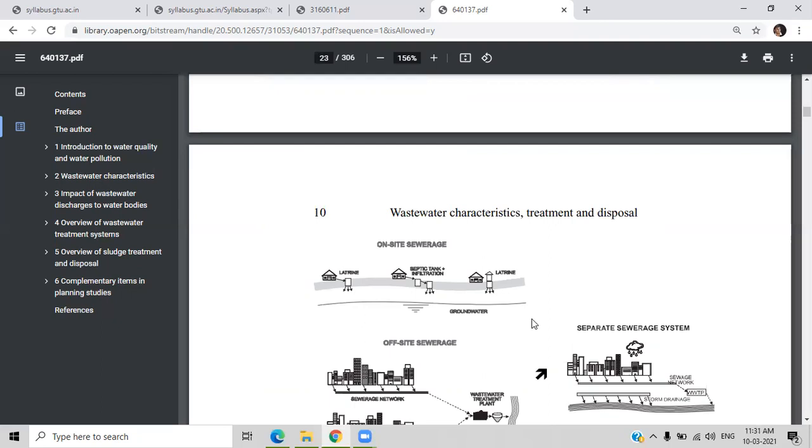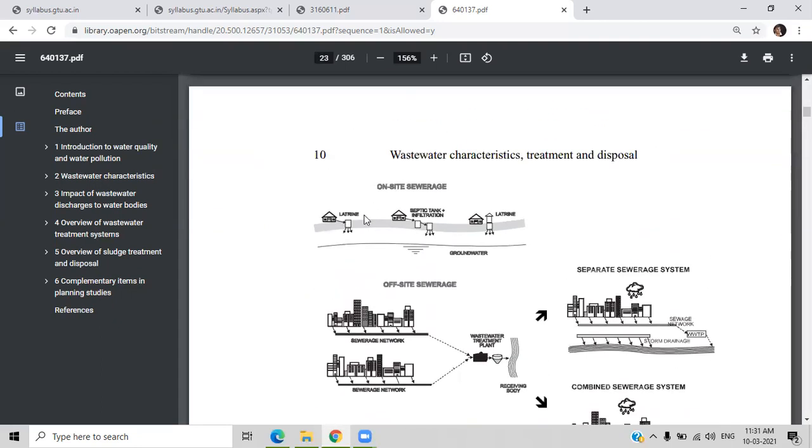So in a warm climate like India, separate facilities are provided, where one pipeline contains the stormwater and the other pipeline contains the domestic as well as the industrial wastewater.